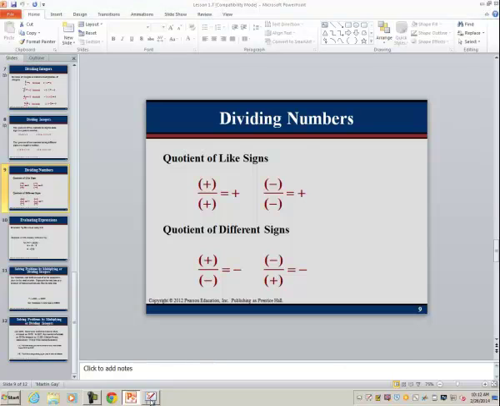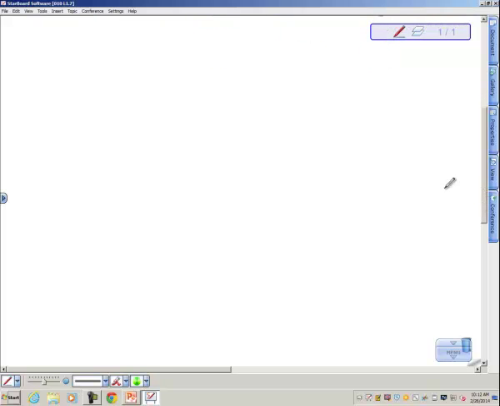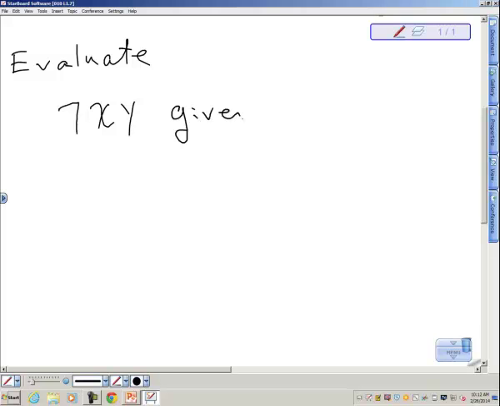Let's say that we want to evaluate 7xy, given x equals negative 6, y equals positive 8.